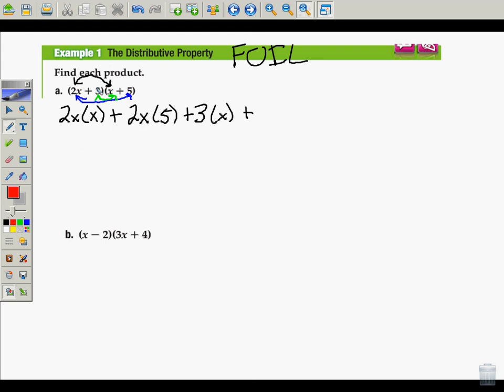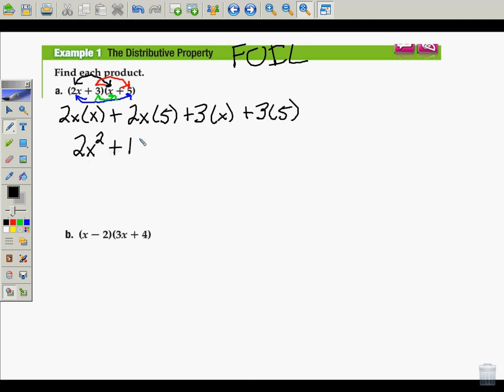And actually I'll write that as 3 times 5, just so you can see exactly what's happening. And then I'm just going to simplify all these. 2x times x gives me 2x squared, plus 2x times 5 gives me 10x, plus 3 times x gives me 3x, plus 3 times 5 gives me 15.